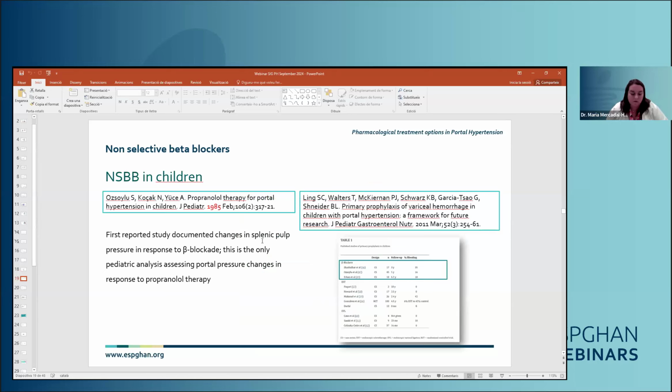So now that we know all the work that adults have done with their patients with portal hypertension, let's see if we can use any of their knowledge, or what have we done up until now. So we started fairly good.